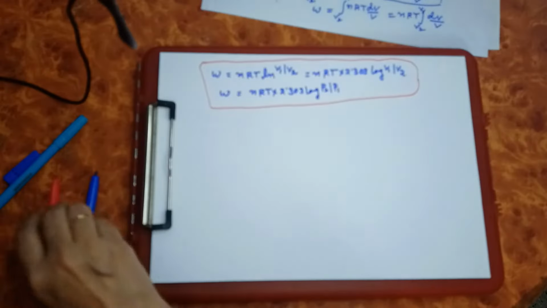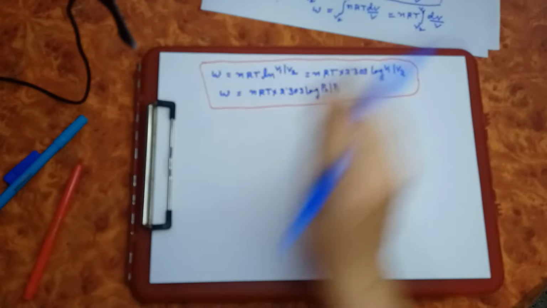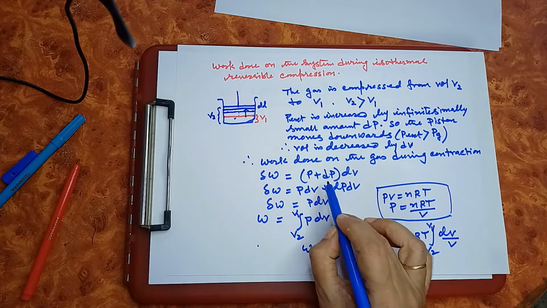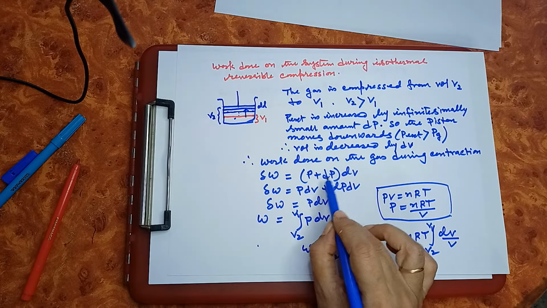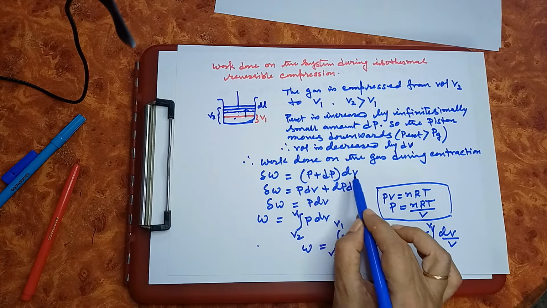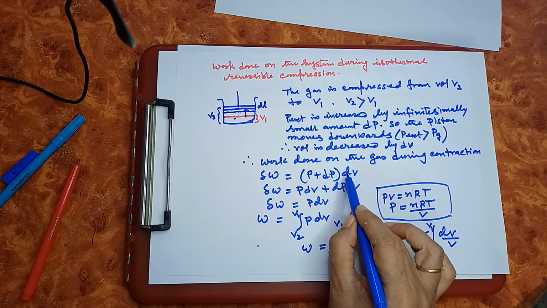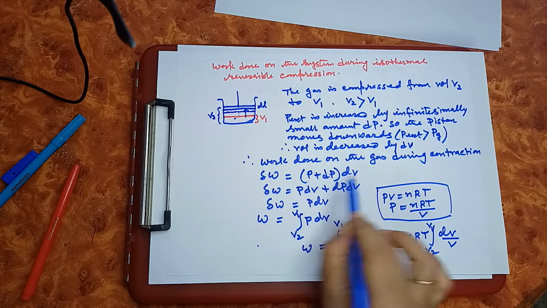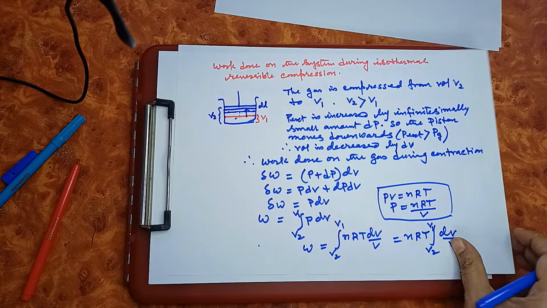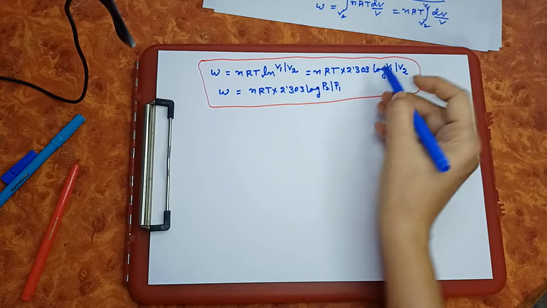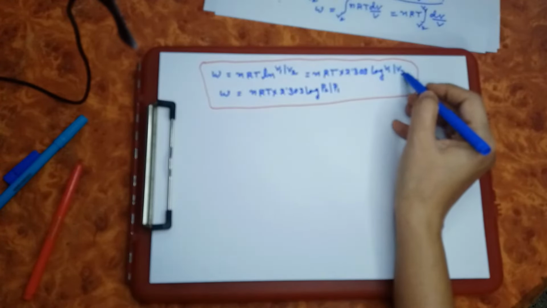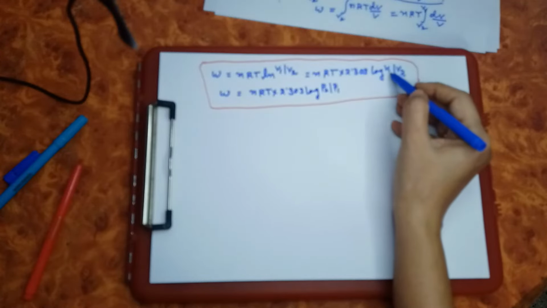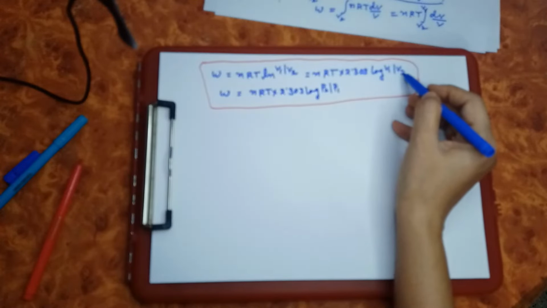Now here one thing you observe. During compression, in every step pressure is increased by a very small amount dP. So pressure is increased, the pressure part will be positive, but volume is decreasing, so the volume part will be negative. So positive times negative, it is coming negative. But after coming to this expression, V1 by V2, V1 is less than V2, right?